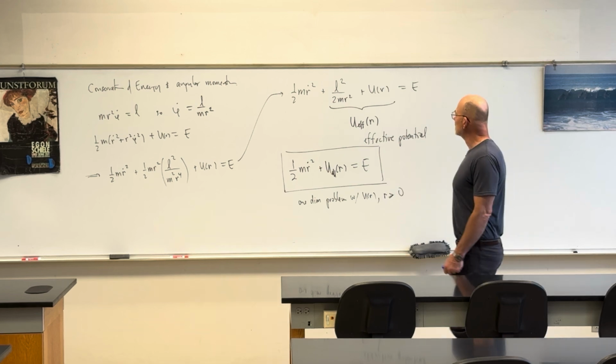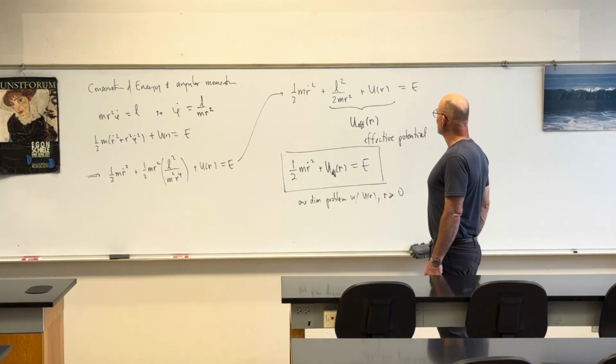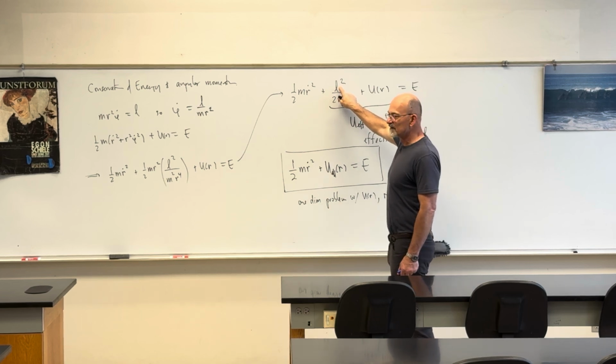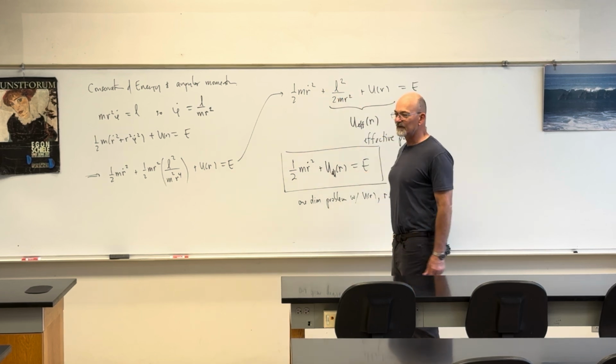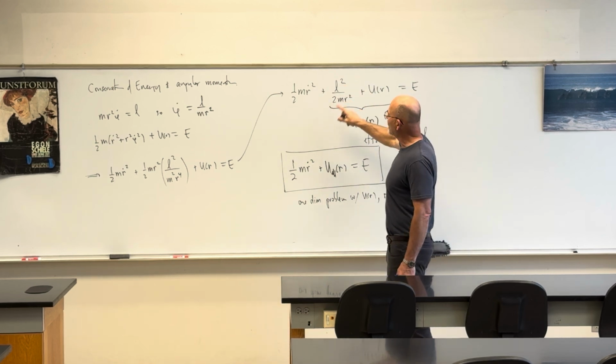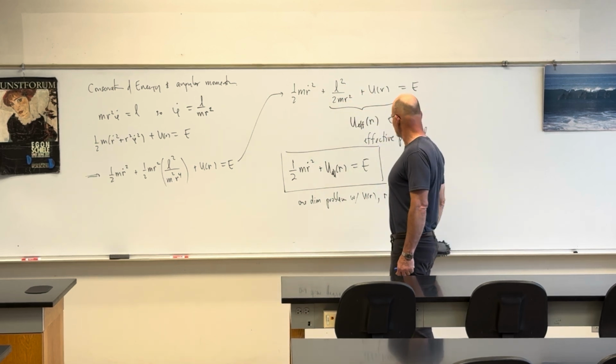That's right. But if L is equal to 0, which is possible, you can have the 0 in there. But you're right, if you're doing a two-body problem, for instance, you don't have that.